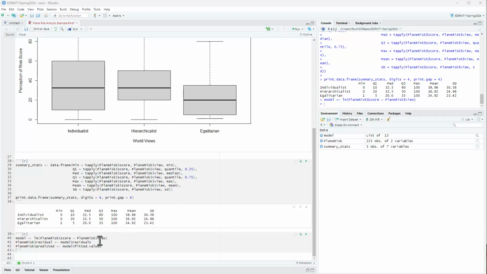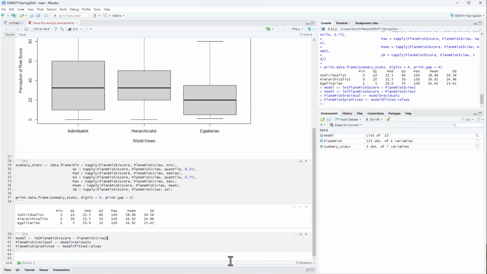So now on line 41, I have a new variable that I'm going to add to my plain risk data frame called plain risk residual, and it's going to be the residuals that come from the model. And similarly, I'm going to add in a new variable, plain risk predicted, that will come from the fitted values or predicted values in the model. So let me run this, and now let's take a look at our data.